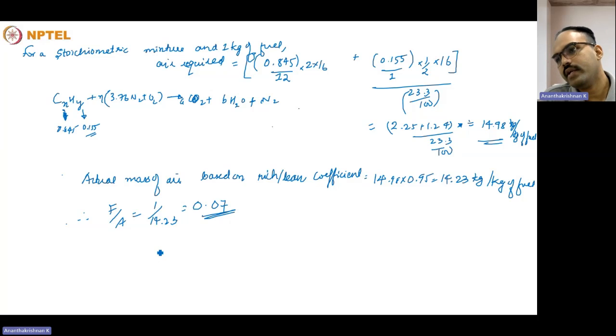The total volume flow rate that comes into the cylinder will be a mixture of both of them. So the volume flow rate of air plus the volume flow rate of fuel will be equal to the volume flow rate of the air-fuel mixture.